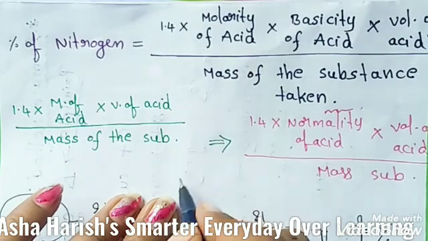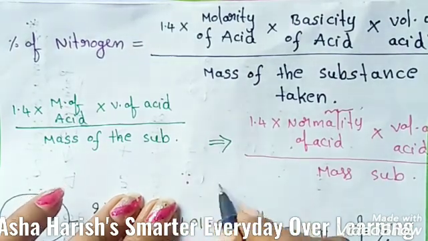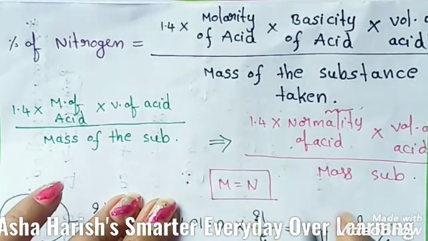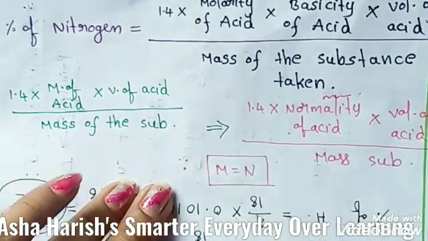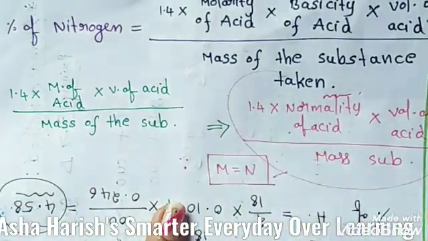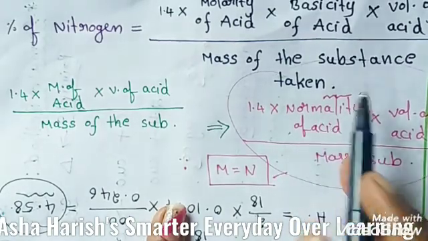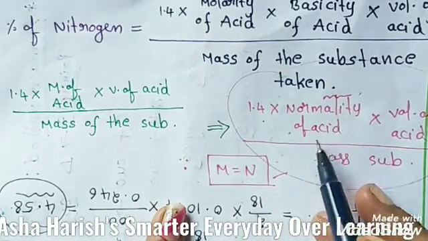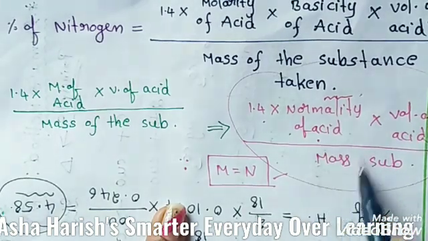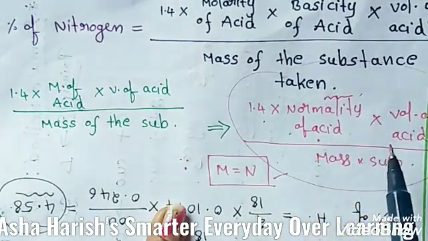Okay, and for monobasic acids molarity is equal to normality, only for monobasic acids. This you have to remember, right? And according to this you have to write the entire formula of calculation of percentage of nitrogen like this: 1.4 into normality of an acid into volume of an acid by mass of the substance what we have taken, if basicity of an acid is 1.